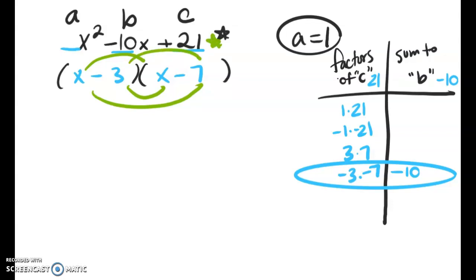Now, the factoring becomes a little more difficult when you have an a that's not equal to 1. So let's look at a problem where a is not equal to 1. So let's try this one.